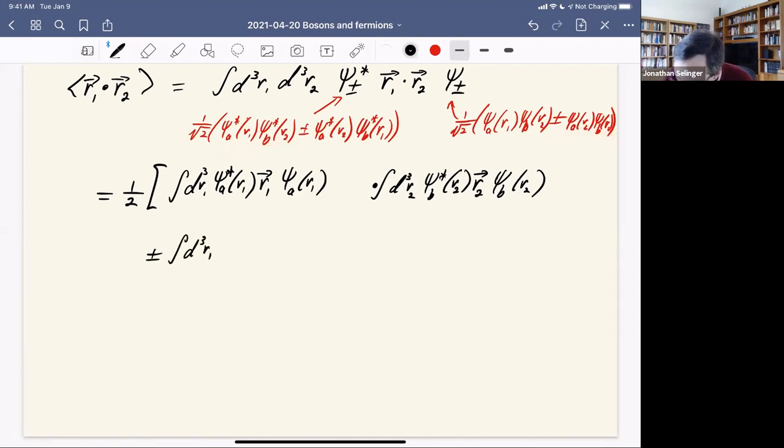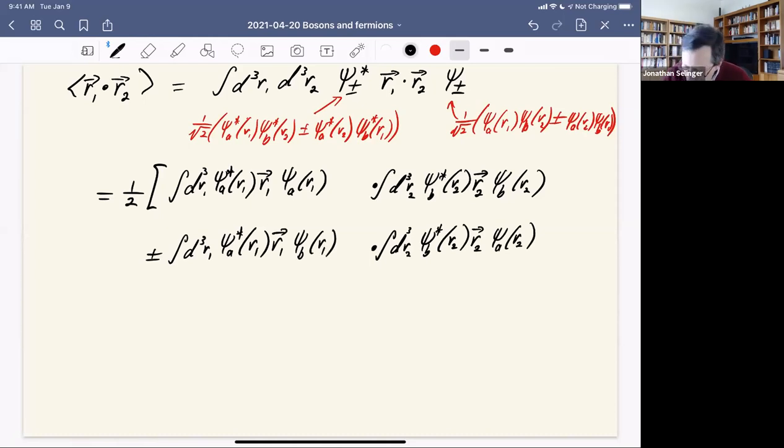Again, integral over R1, integral over R2, psi A star of R1, psi B star of R2, then R1 dot R2, then psi A of R2, psi B of R1. Okay, half done.